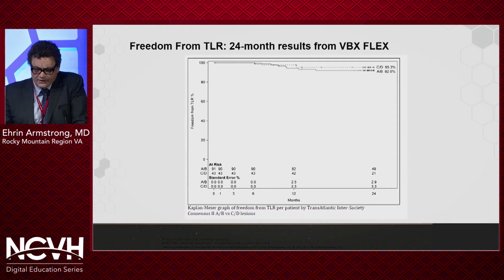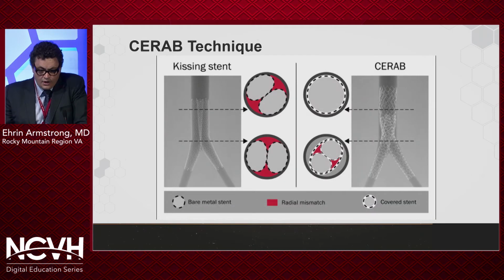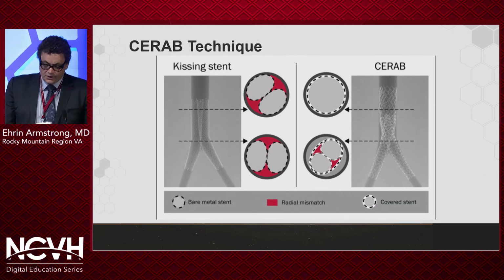Importantly, the VBX FLEX study has had 2-year results presented which demonstrated a freedom from TLR that was outstanding and similar for both TASC AB and CD lesions, with rates approaching a 95% freedom from reintervention.